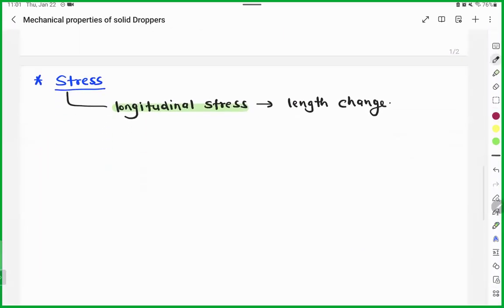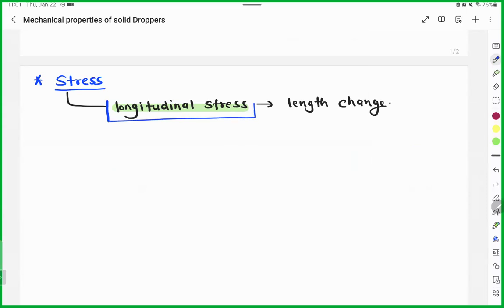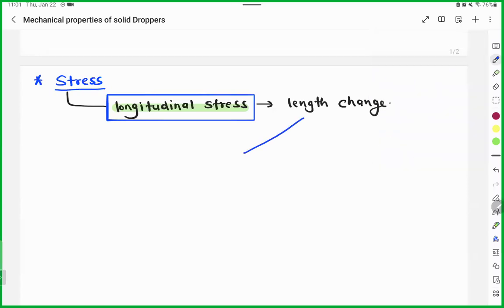So, guys, in longitudinal stress, the first category, we are saying length will change. Length can change in two ways. What are these two ways, Sarah? Tensile and compressive.